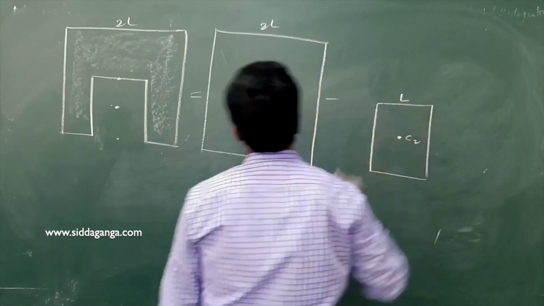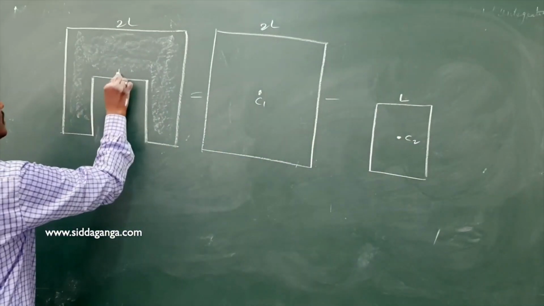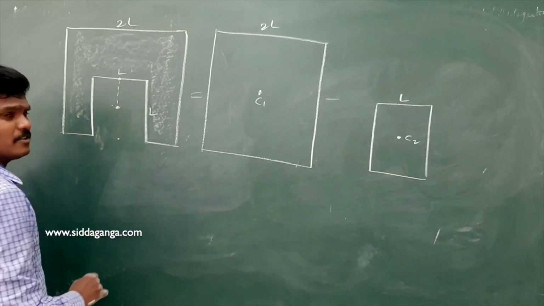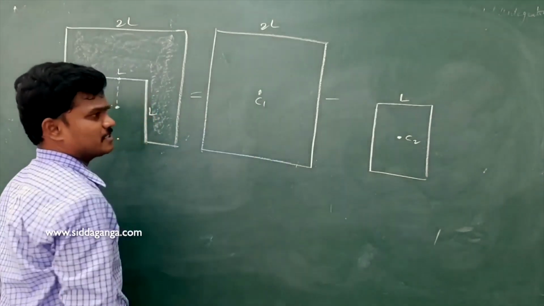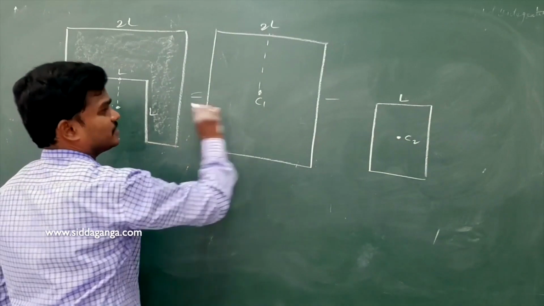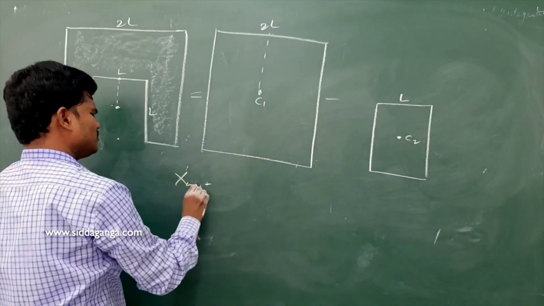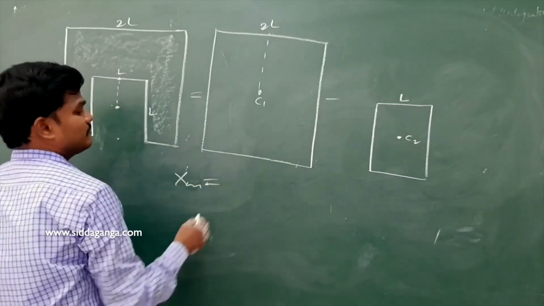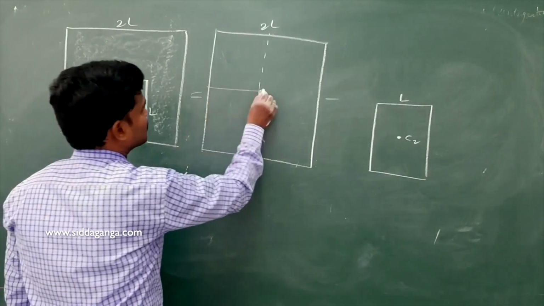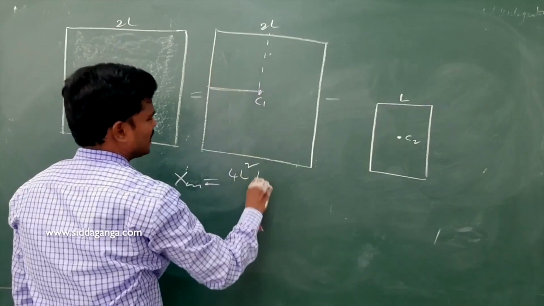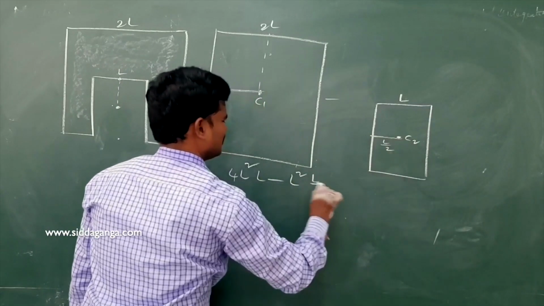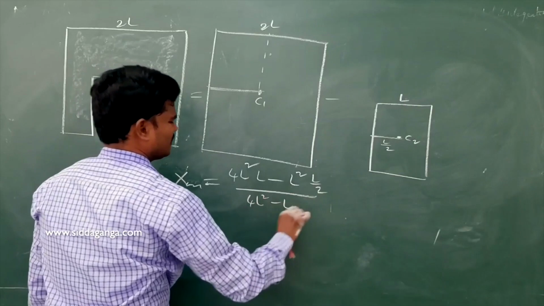This side is how much? L. See, this is L. Now here, the y coordinate of center of mass, of course, due to symmetry is the same as x. We can write it as ycm, or we can write xcm, in this direction also no problem. So xcm is equal to (a1 x1 - a2 x2) / (a1 - a2). a1 is 4L square, x1 is 2L by 2, that is L, minus a2 is L square, x2 is L by 2, divided by 4L square minus L square.